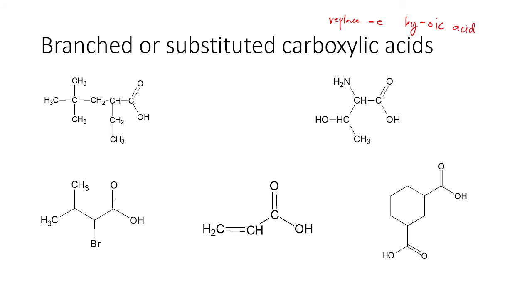Okay? So, for that, tingnan natin muna itong first example natin. This is just a branched carboxylic acid, and as you will see here, meron siyang mga branches. So, same concept. Kailangan lang natin hanapin yung parent chain. Pagkahanap ng parent chain natin, papalitan lang natin yung E ng ating parent chain ng oic acid.